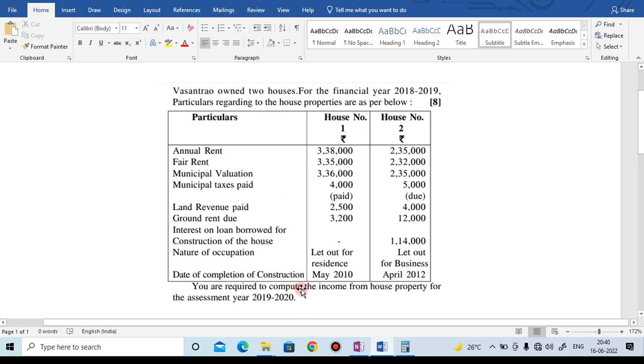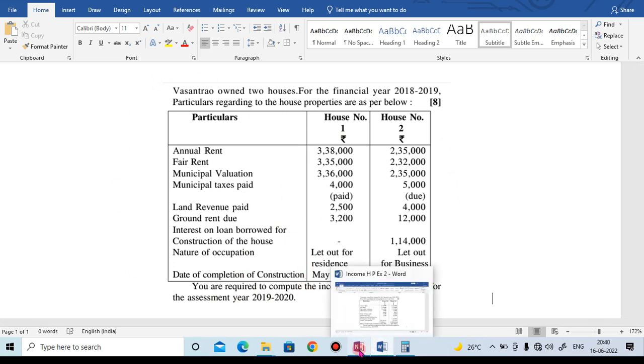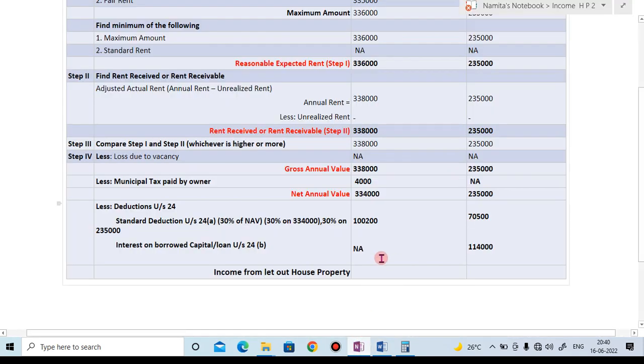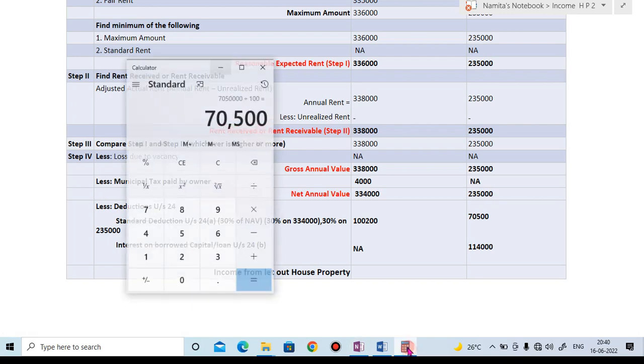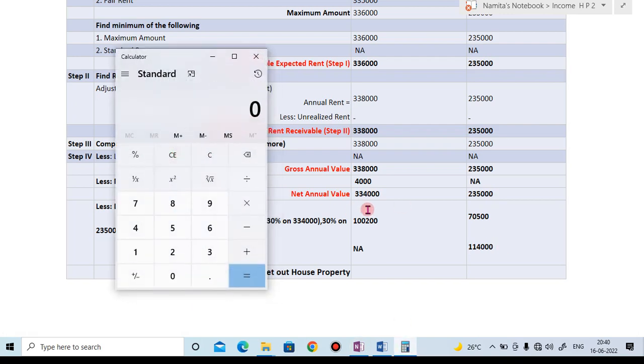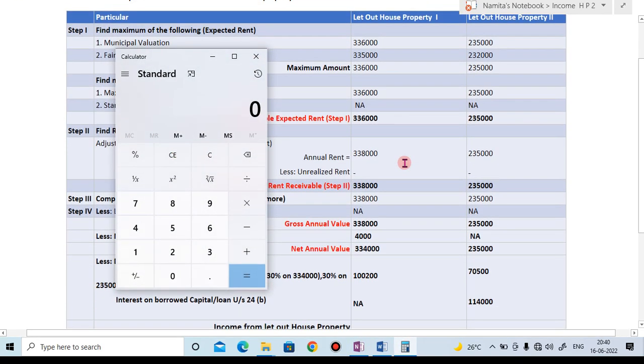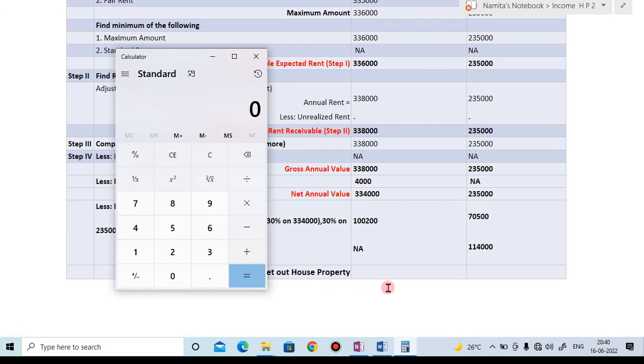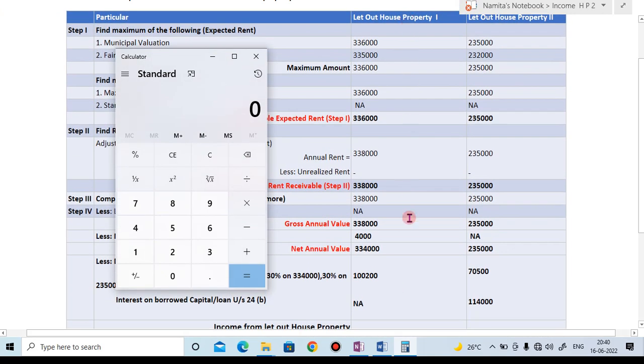Now, so finally everything we have completed. Okay, from this question everything we have taken into the calculation part. Now from net annual value deduct the deduction under section 24. For house property, we have to calculate the final income from let out house property number 1.